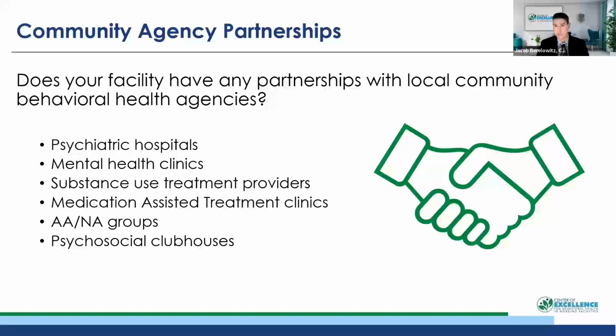Clinics that provide medication for folks who have opioid use disorder. Then there are much lower levels of care, like just Alcoholics Anonymous groups, AA or Narcotics Anonymous, NA groups, or psychosocial clubhouses, which is a space for folks with serious mental illness to get some socialization. So there's a similar continuum of care here.